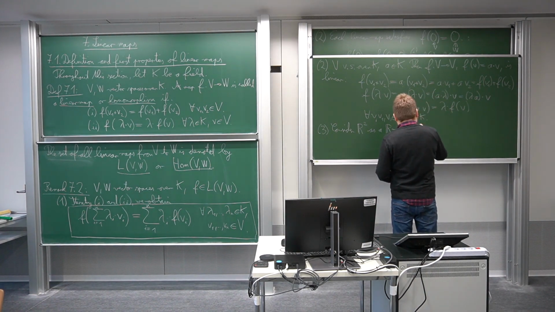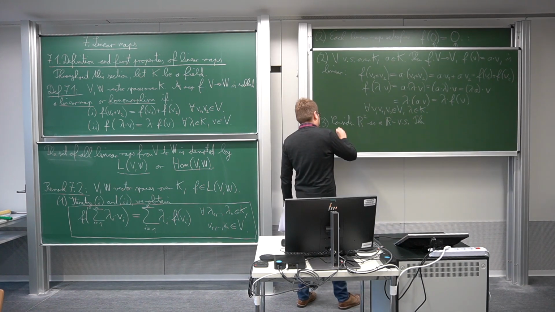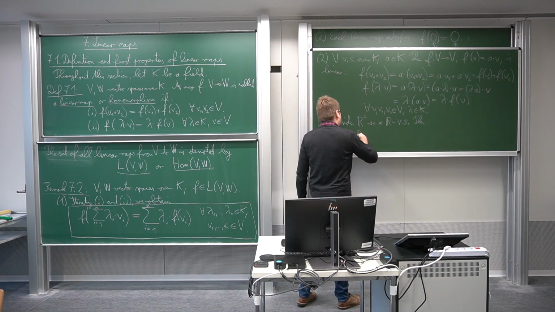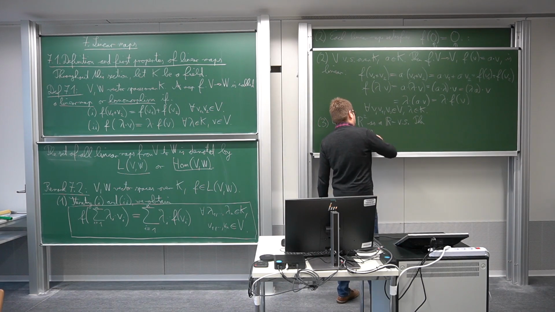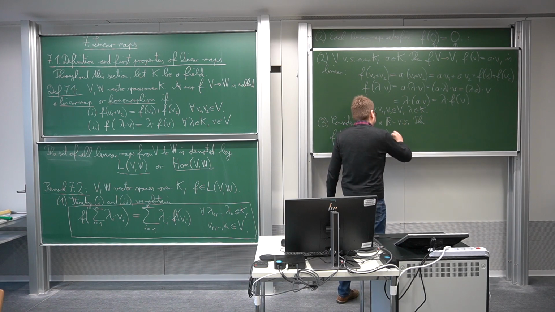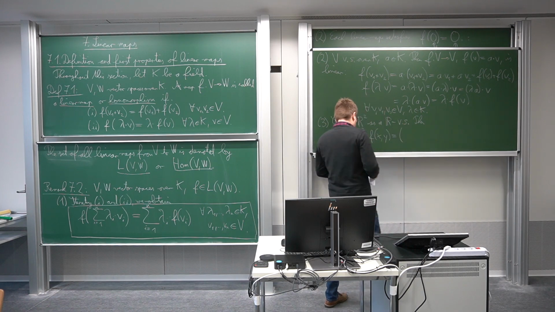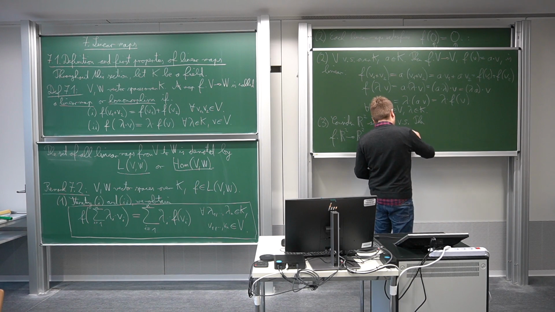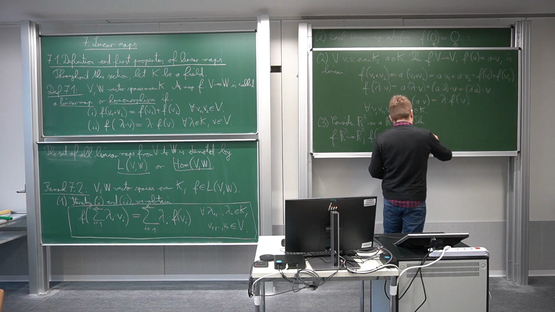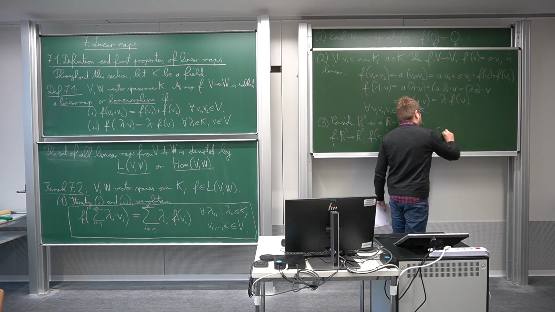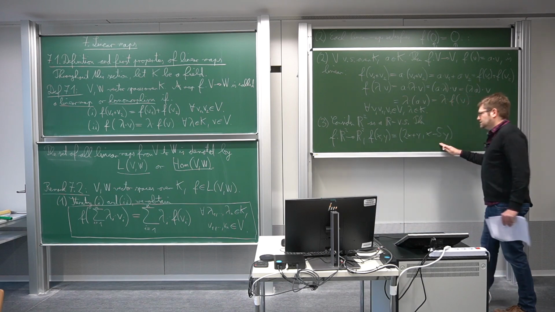Then we get the following example: the map F going from R2 to R2, which takes x, y, and maps this onto 2x plus y, and x minus 5y in the second coordinate.